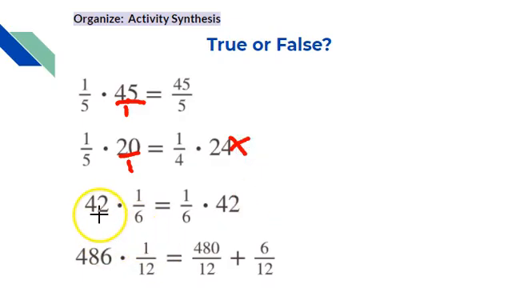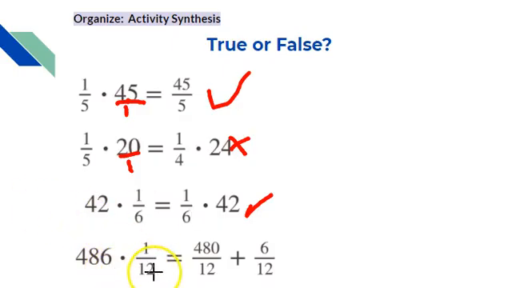What about this one? We've got 42 times 1/6 equaling 1/6 times 42. Are those equal? Yeah, they are. They're absolutely equal because it's just the same thing, and the commutative property tells us that as long as we're keeping everything the same, we're just shifting around, that works just fine.